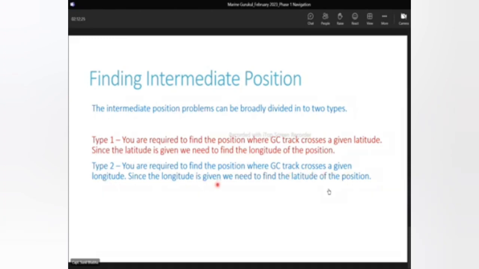Since the longitude is already given to us, we need to find out the latitude of the position. Now in both these types, Napier rule is used to solve. Napier rule helps us to calculate the intermediate position in both types of questions.